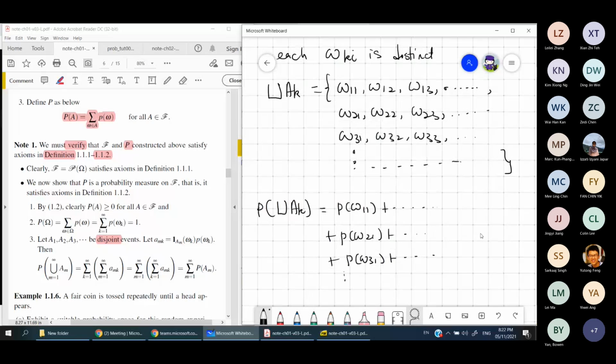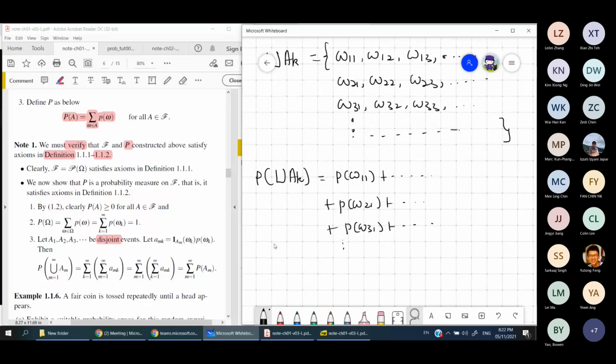So we can group together. Then you can see this one ends up to be, you just look at the first line. The first line is actually just equal to P of A1. Okay.